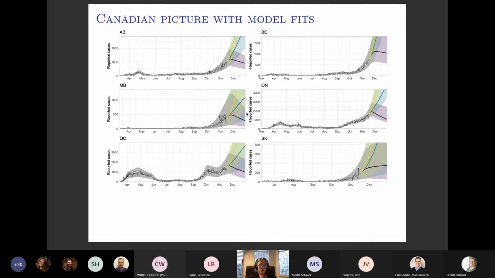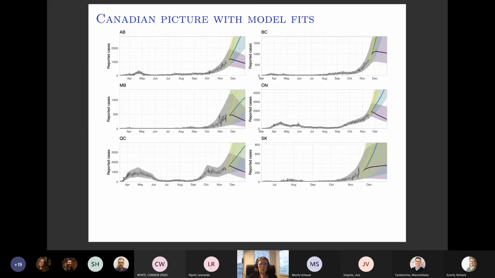We also look at these sort of scenarios because we know we can't use these models to make predictions. What we can do is use them the way you use a flashlight to illuminate the cliff that you will walk over if you keep going in the direction that you're going, and hope that that motivates change. So we do these things weekly now for 6 provinces in Canada: Alberta, BC, Manitoba, Ontario, Quebec, and Saskatchewan. And of course, they have wide confidence intervals, as you would expect.